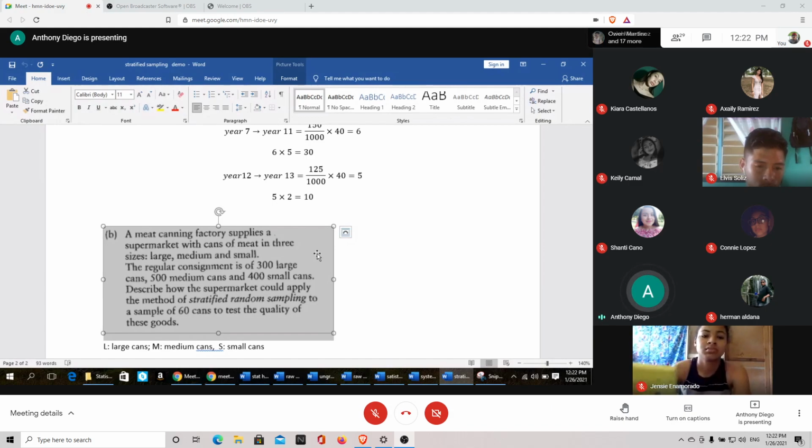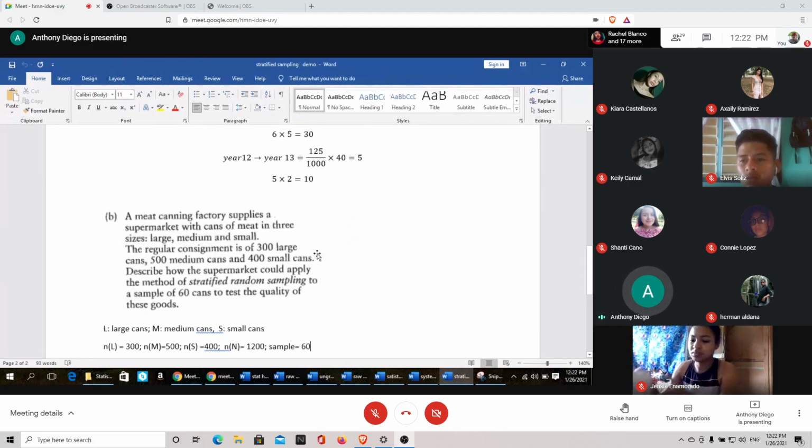So once again, like the first one that we did, we can use L to represent the large cans, M to represent the medium cans, and capital S to represent the small cans. Then from there, we say that the number of large cans was 300, that was given. The number of medium cans, 500, that was also given. And the same goes for the number of small cans, which is 400.